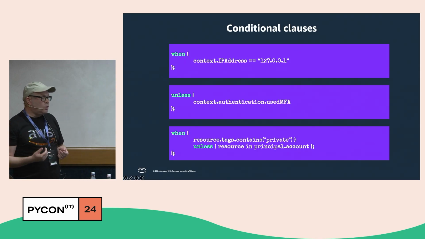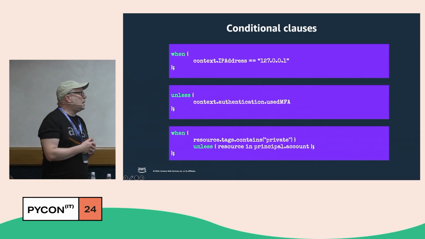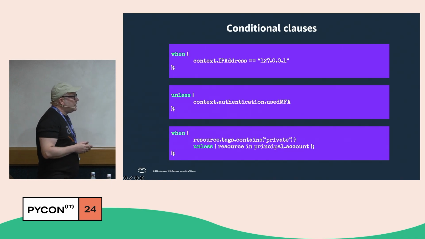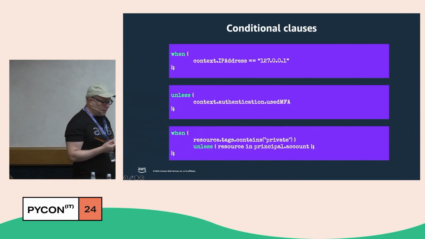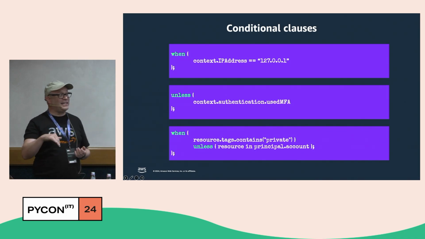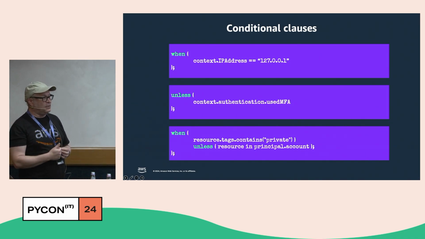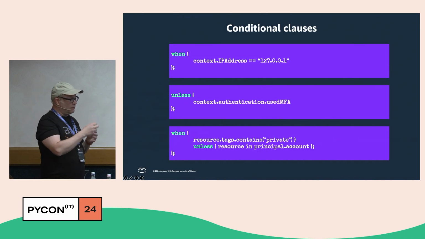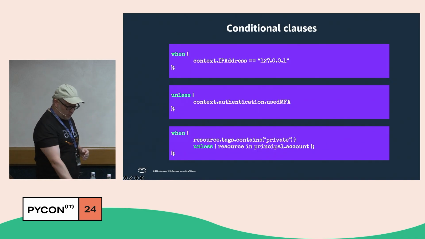The conditional clauses allow only two things: when and unless, and these are very, very useful. For example, you can forbid access to all resources unless you've got MFA enabled, that kind of thing. So it allows you to put more granularity on how you define your policies.